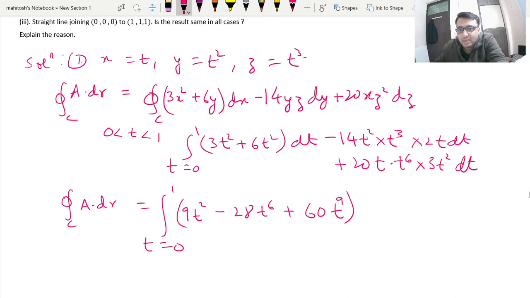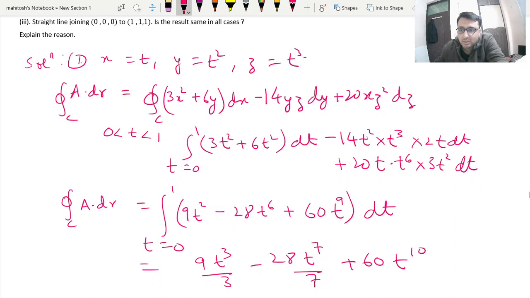Okay, now we can integrate this. This is 9 t cube by 3 minus 28 t to the power 7 by 7 plus 60 t to the power 10 by 10.